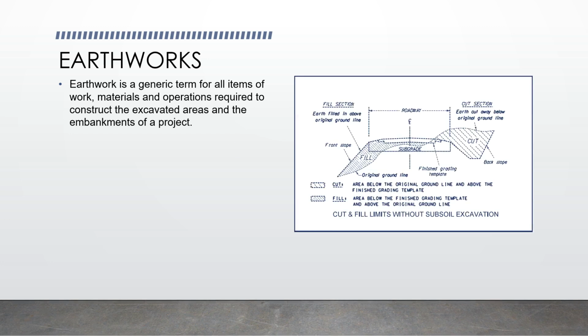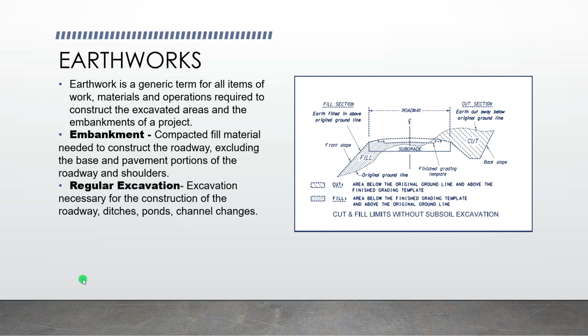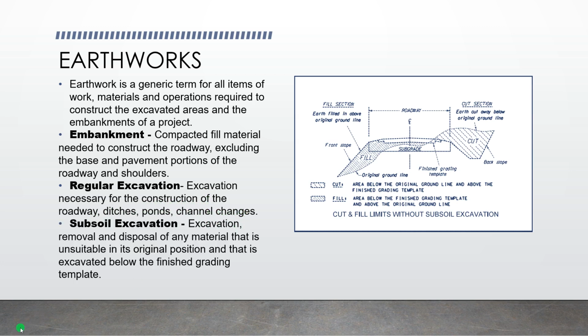In general, earthwork on a highway project consists of embankment, compacted fill material needed to construct the roadway, excluding the base and pavement portions of the roadway and shoulders, regular excavation or the excavation necessary for the construction of the roadway, ditches, ponds, channel changes, and subsoil excavation.